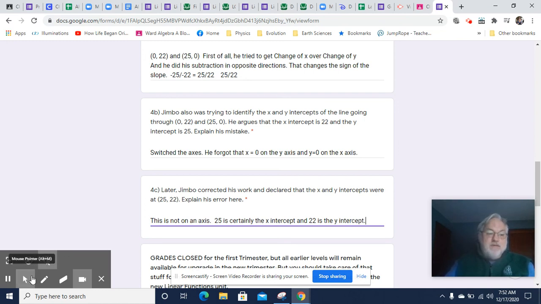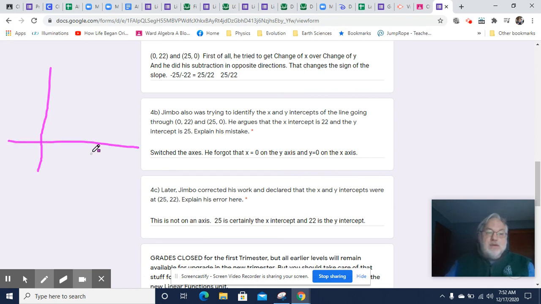But when you graph it, here's 25, that's the 25, 0 point, and up here is 22. But if you graph 25, 22, that's out here. That is a legitimate point, but it's not going to be on a line that goes through these 2 points. It's just going to be out there. So 25, 22 is not either an x or y intercept.